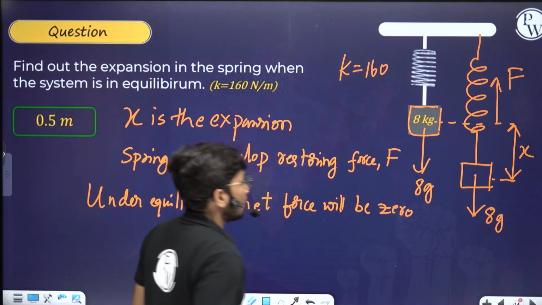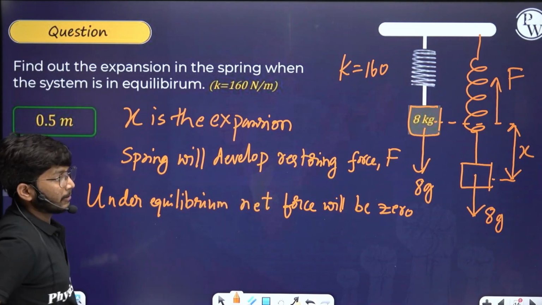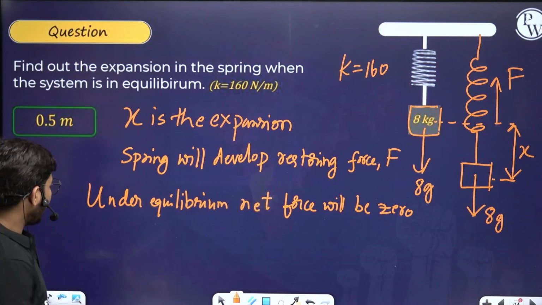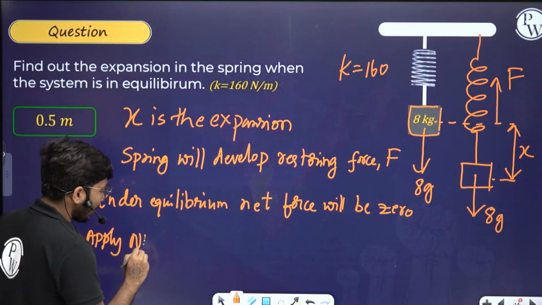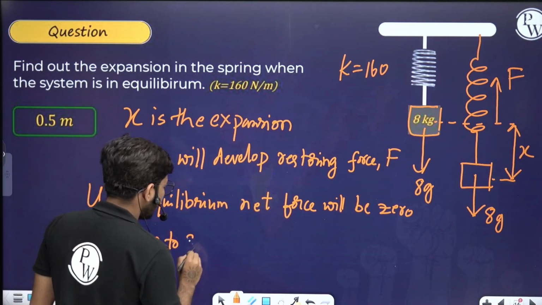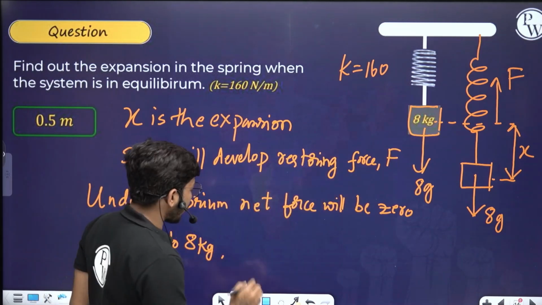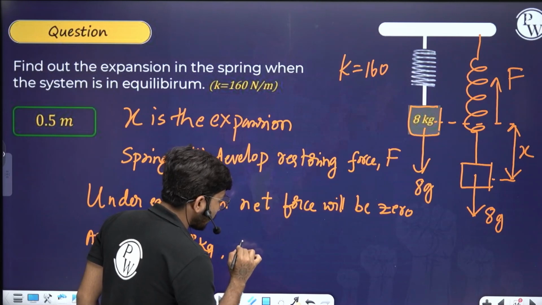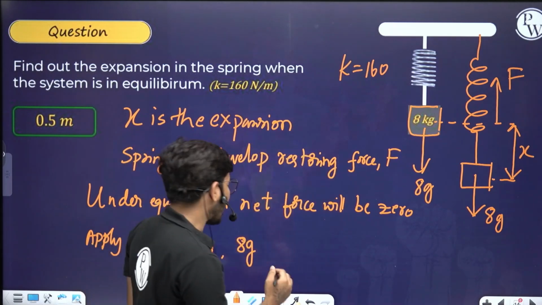So observe here, what are the total forces on the 8 kg block? Apply NLM to the 8 kg. Its own weight 8g is acting downward and the restoring force F is acting upwards.